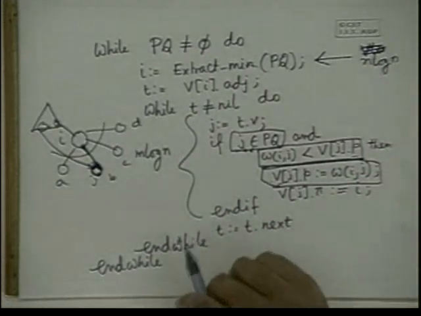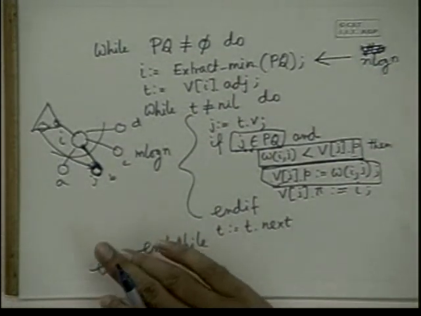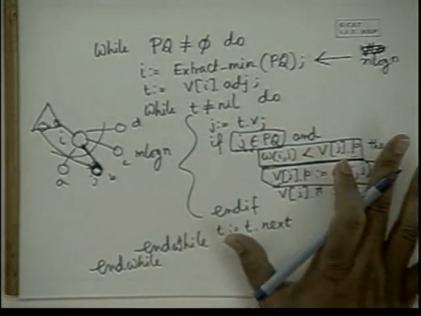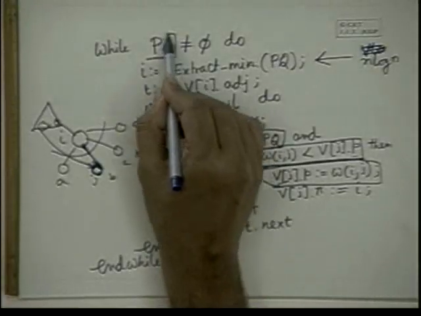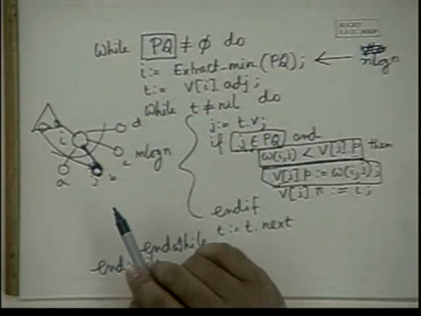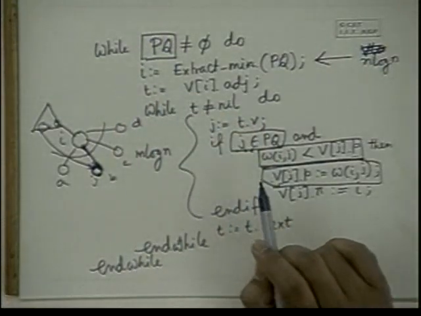Can somebody tell me how we can improve without changing anything? The algorithm remains the same. Only thing, we will use a little bit clever data structure, and suddenly we will get an improvement in the time complexity. We already know something about it. Yes, very good. Instead of using a heap as a priority queue, we use a Fibonacci heap.